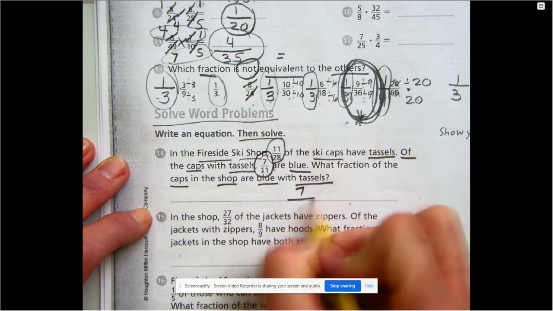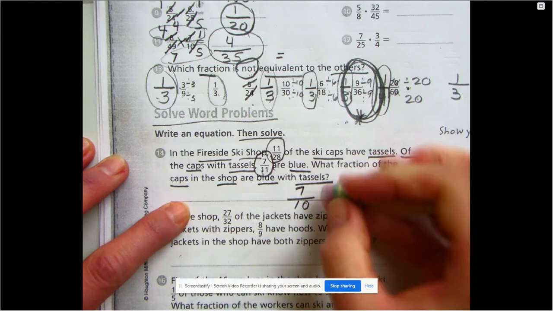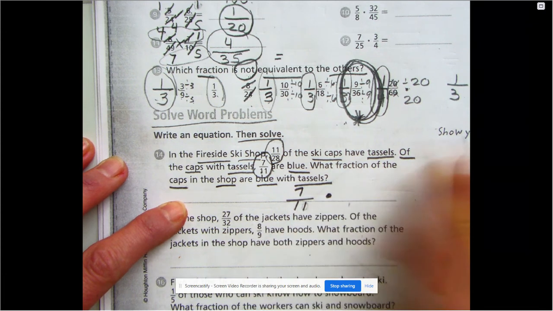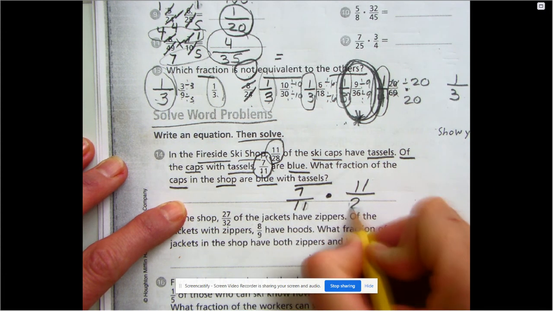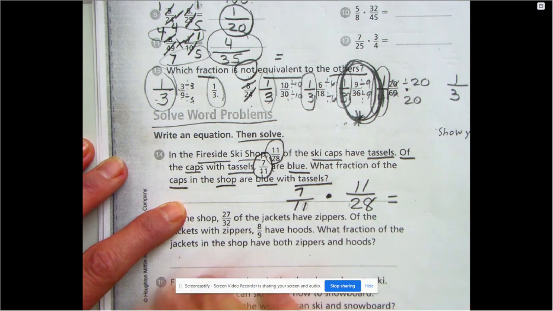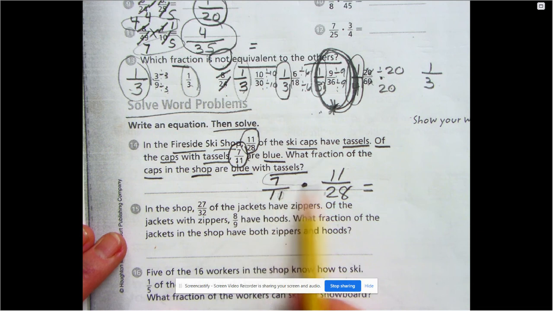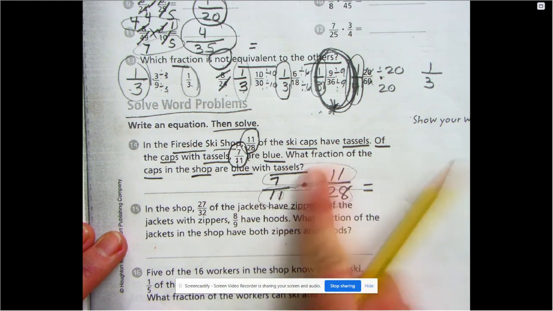So 7/11 multiply 11/28. Now, instead of going straight across, I'm going to ask myself, do you see any connections that I can simplify within first?